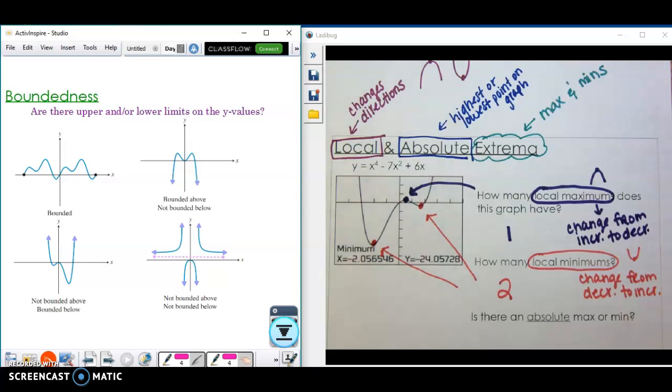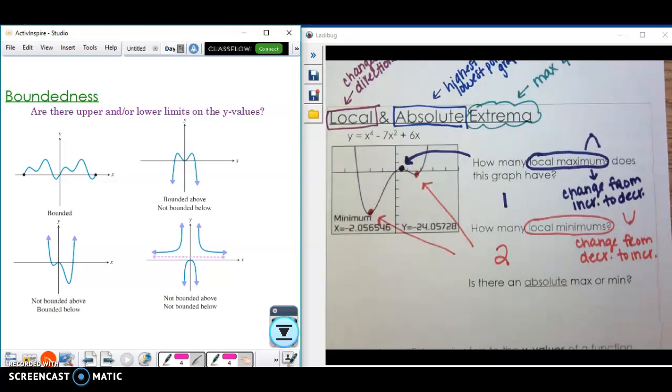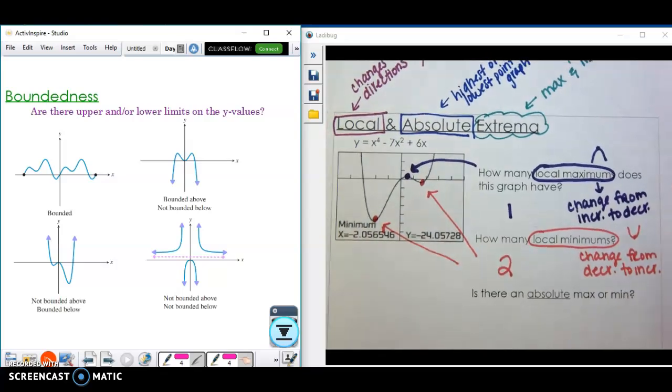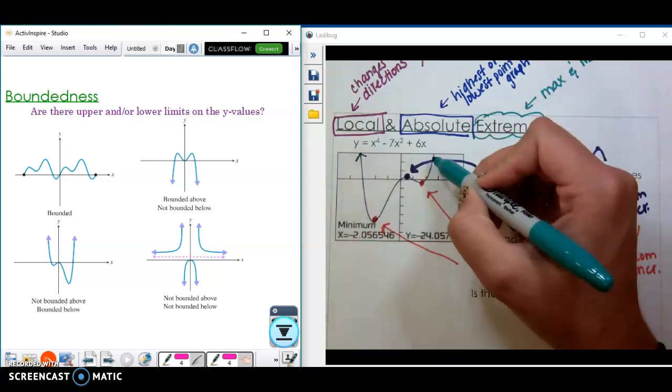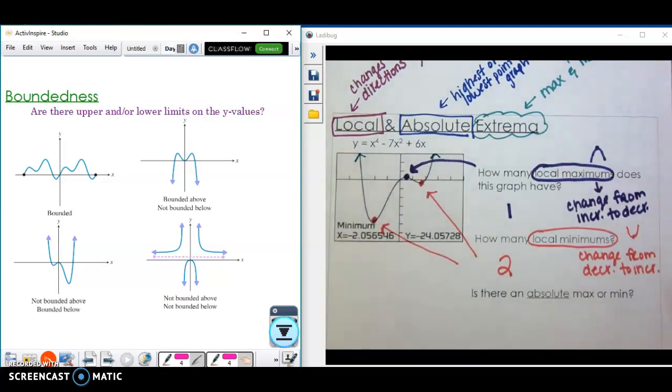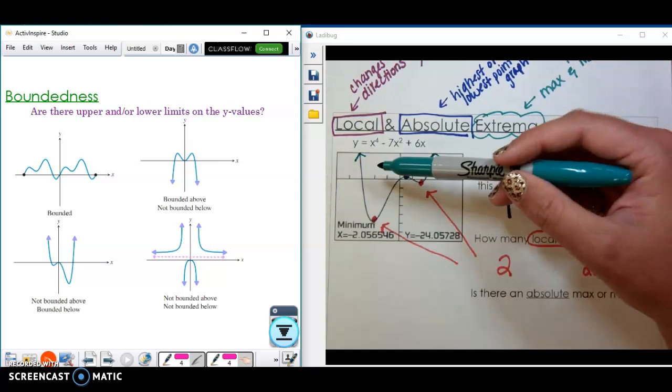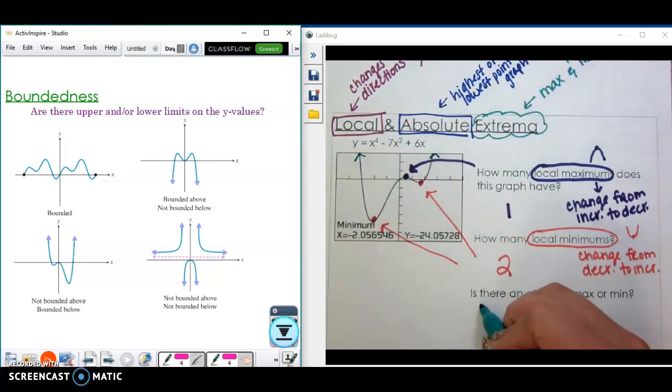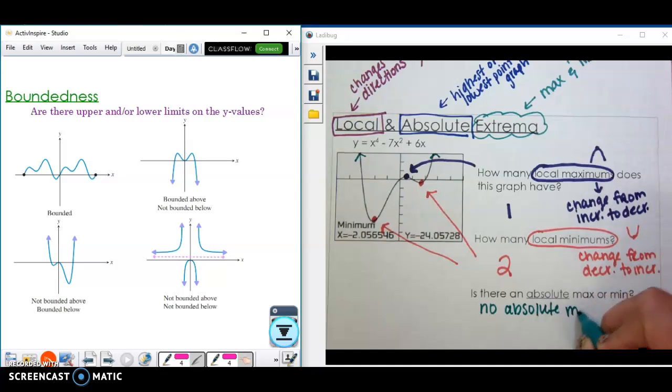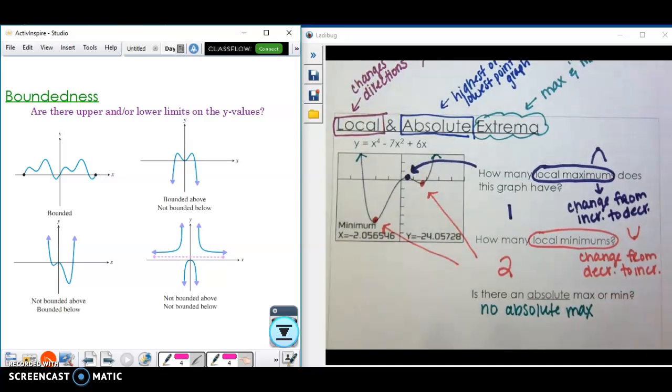Okay, but then it asks, is there an absolute max or min? Now, absolute max or min means it has to be the absolute highest or lowest point. So if you look at this graph, because this keeps going forever, there is never going to be a highest point. It just keeps going up forever and ever and ever. So there's not going to be an absolute max. Okay, and once again, it's because there's no highest point. It just keeps going on forever.